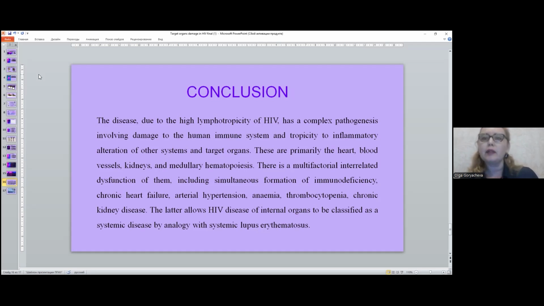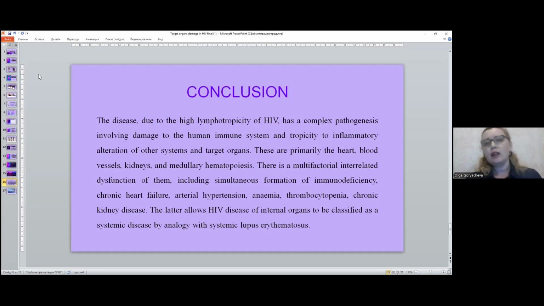These are primarily the heart, blood vessels, kidneys, and medullary hematopoiesis. There is multifactorial interrelated dysfunction of them, including simultaneous formation of immunodeficiency, chronic heart failure, arterial hypertension, anemia, thrombocytopenia, chronic kidney disease.